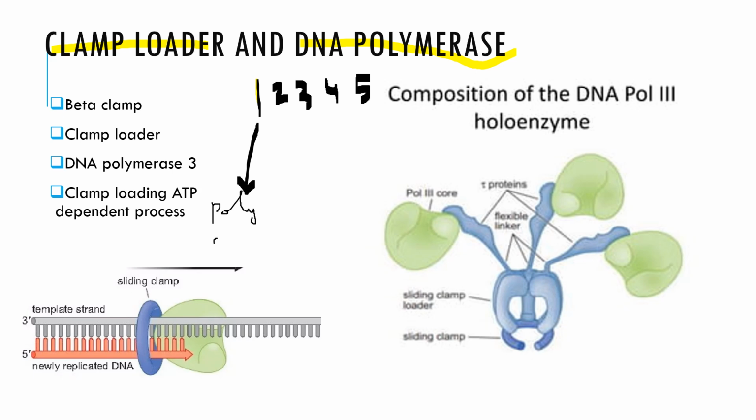When we say exonuclease activity, it means that the exonuclease activity is in the 3' to 5' direction, and polymerization activity is in the 5' to 3' direction.